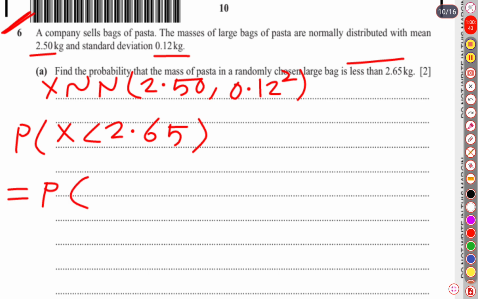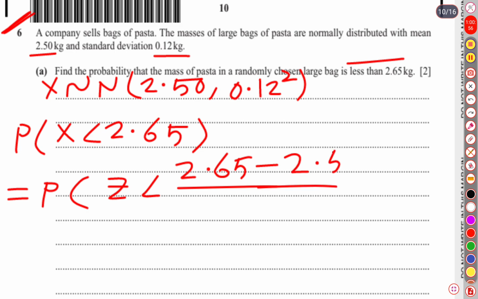If we standardize, it is going to be z less than 2.65, the chosen bag, minus our mean value 2.50, over the standard deviation, which is 0.12.